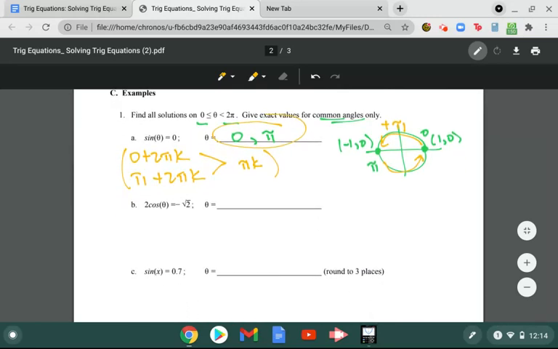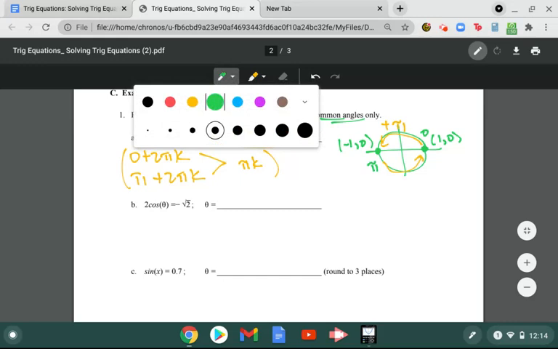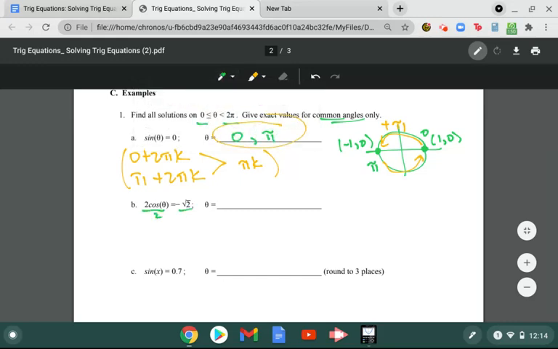Okay, part B, example B. The first thing I need to do is to isolate my cosine. I'm going to divide both sides by 2, and then I can go ahead and work with my common angle, radical 2 over 2. On our unit circle, our cosine is negative. Negative cosine happens in quadrant 2 and in quadrant 3.